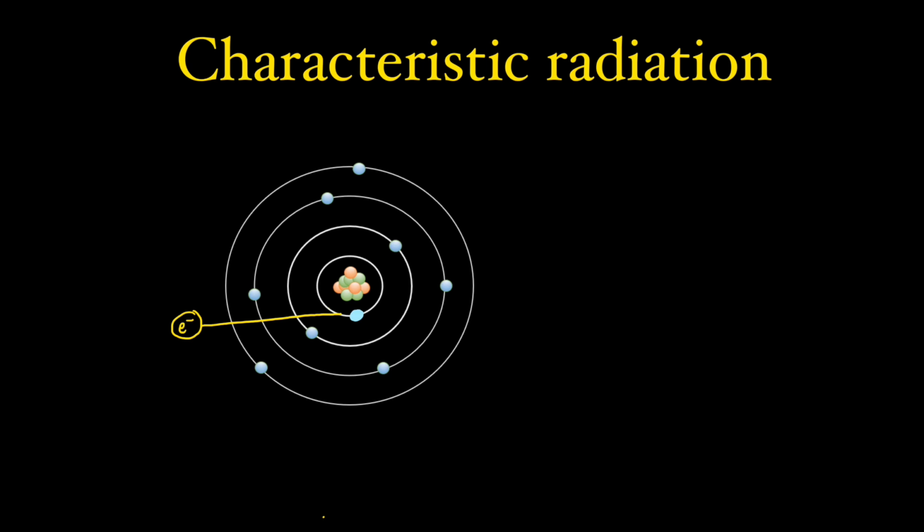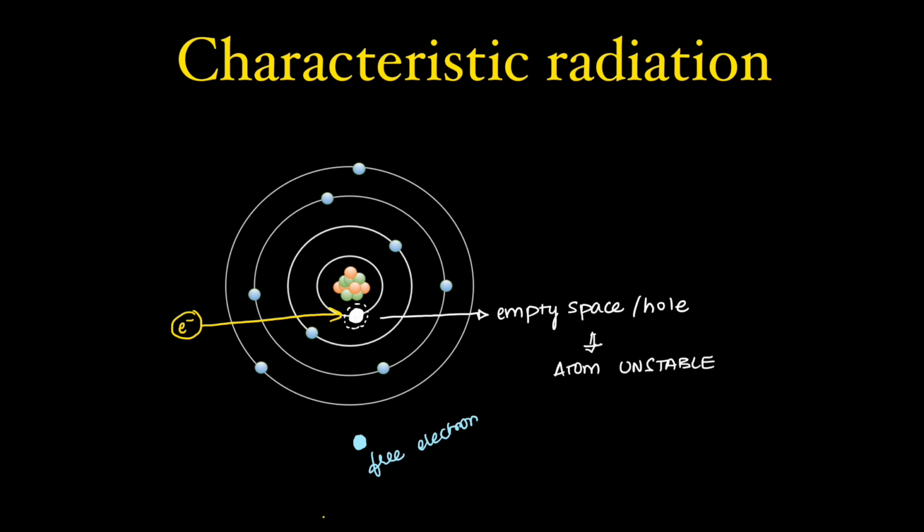Coming to the next most important mechanism, characteristic radiation, in which an electron reacts with the K-shell electron, or the innermost shell orbital electron, and ejects it out of the atom. Now the ejected electron is called a free electron, and the resultant daughter atom will be ionized because an empty space is created, which is called a hole, which is later filled by a higher energy electron jumping to this lower energy level.